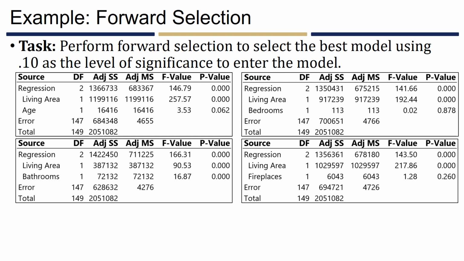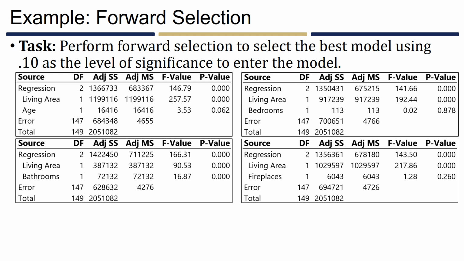The output in the top right puts number of bedrooms into the model after living area. Bottom left has number of bathrooms after living area, and the model on the bottom right has fireplaces added in immediately after living area. What we then want to do is take a look at the F statistic and do a partial F test for the addition of each of these individual predictors, given that living area is already in the model.